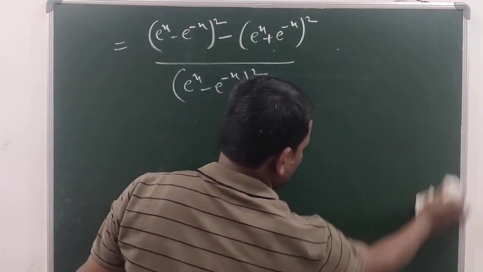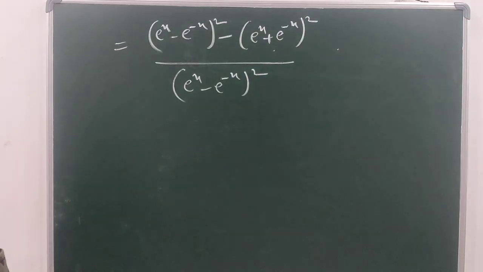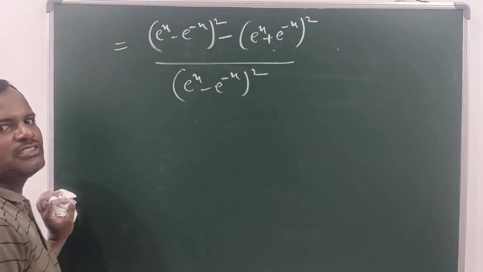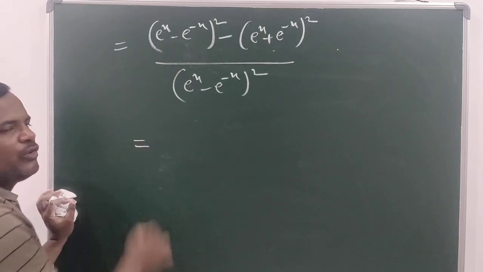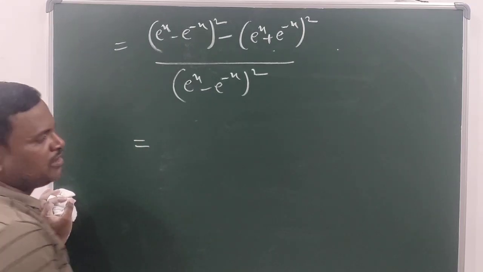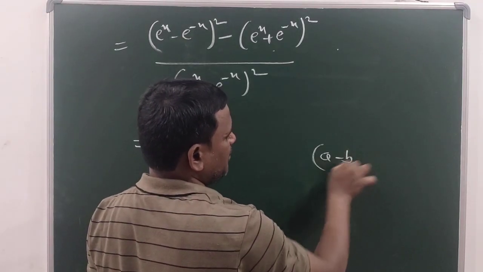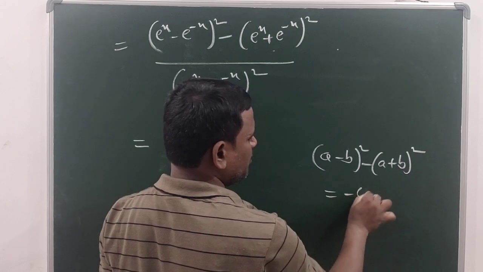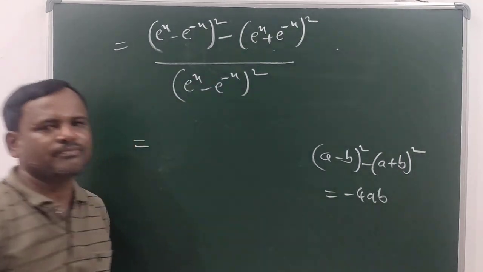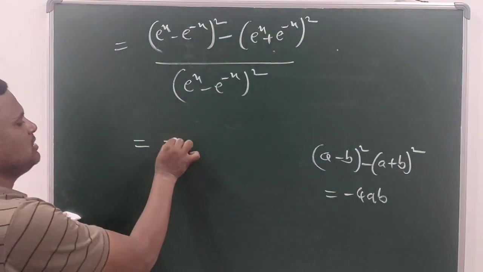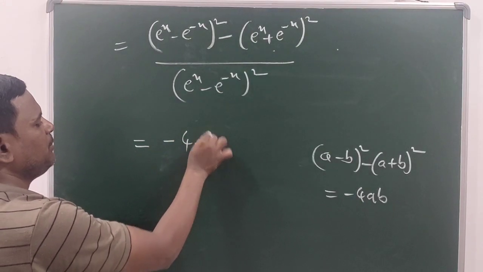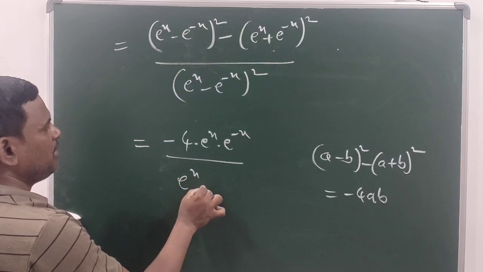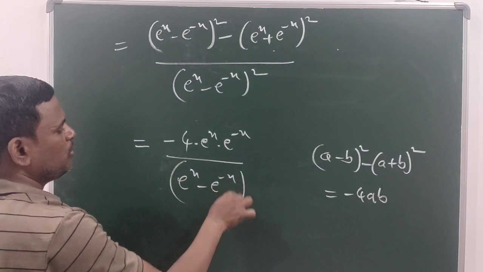Now, how is the numerator looking? a minus b whole square minus a plus b whole square, which is equal to minus 4ab you will get. So you know this simplification, a minus b whole square minus a plus b whole square is equal to minus 4ab. So minus 4, a value e power x, b value e power minus x, by e power x minus e power minus x whole square you will get.